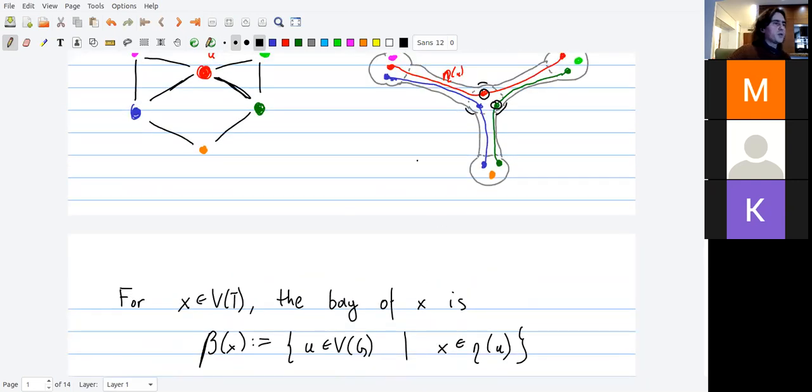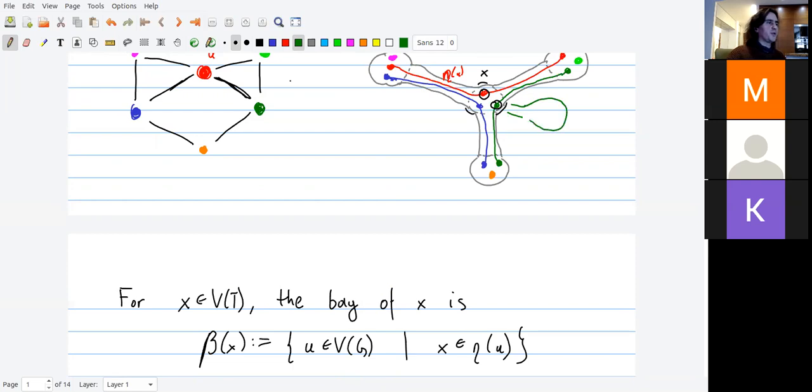Okay, so this is so far a way of understanding how I squeeze a graph into the shape of a tree. Now, with each node of this tree T, for instance this node X in the middle, I can associate a bag, and the bag is the set of all the vertices for which this node participates in their subtree.